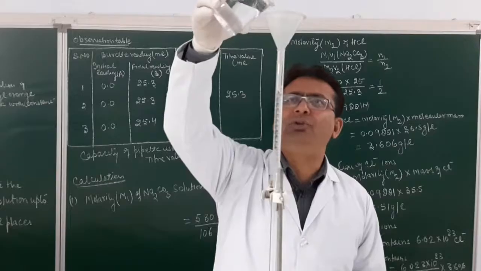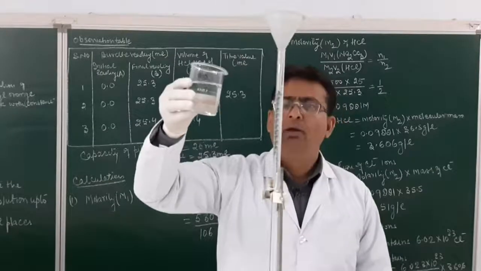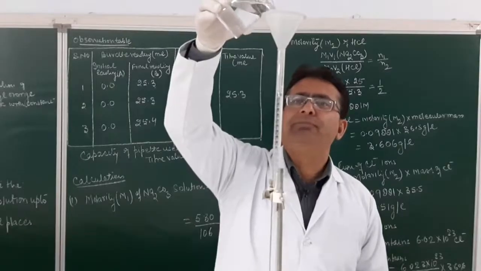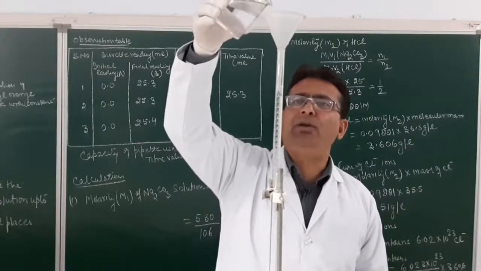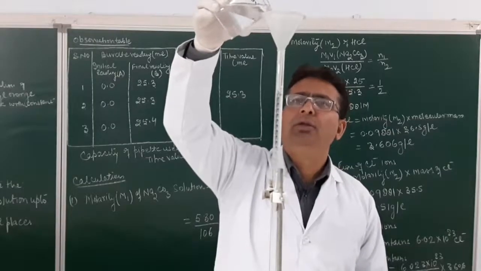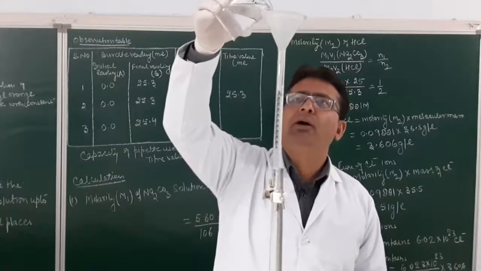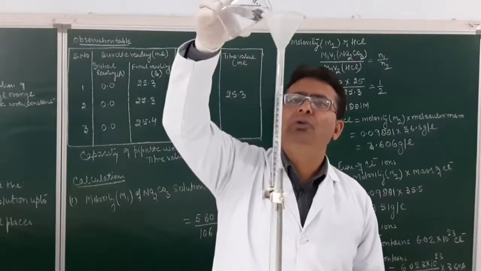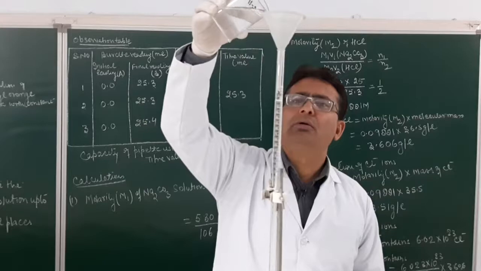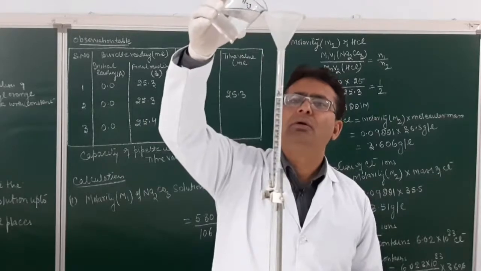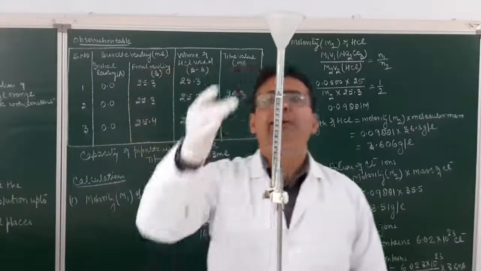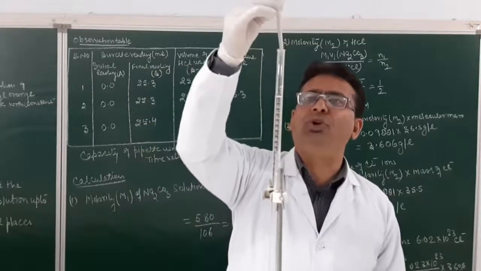The dilute HCl solution is to be added so as to fill the burette completely, up to the 0 mark. Is it clear? You may see it is filled exactly up to the 0 mark.